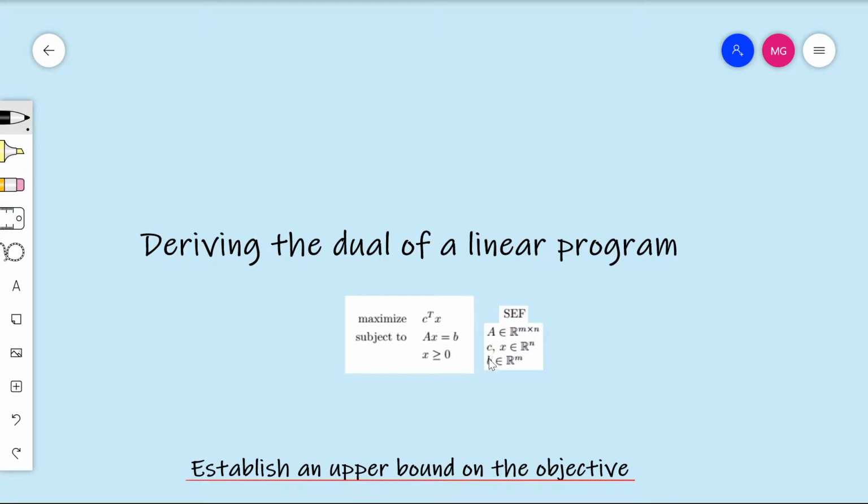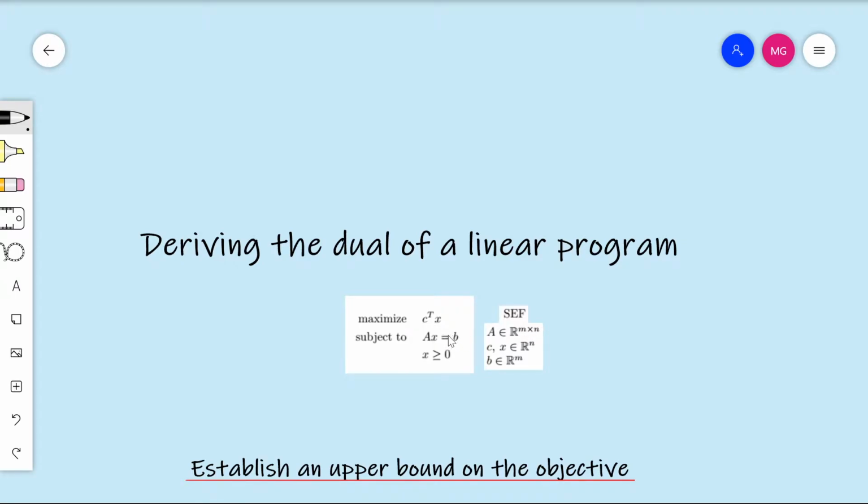A, c, and b are given data, and x is a variable which you're trying to determine. So x has to satisfy the constraints, and subject to that, amongst all those x's that satisfy the constraints, you're trying to find one that makes c transpose x as large as possible. A is an m by n matrix, so it's m rows and n columns.